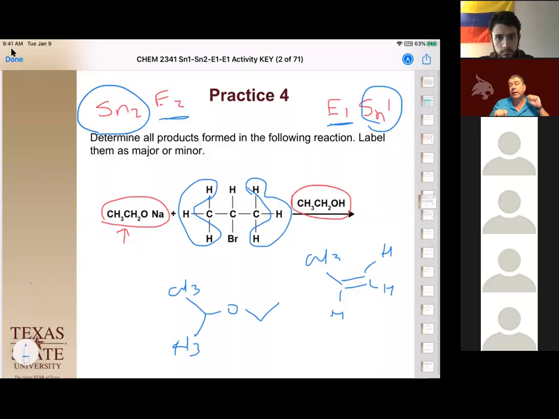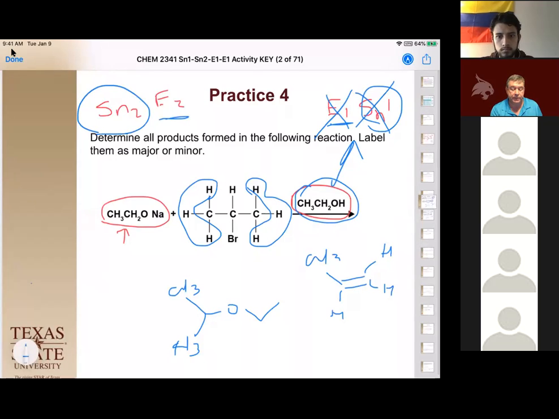Now, why are we going to eliminate E1 and SN1 as possible mechanisms? Okay, we only have E1 and SN1 as possible mechanisms in the absence of a good nucleophile. Okay, we have a polar protic solvent, which would help that happen, but we have a good nucleophile, which means neither one of these is going to happen, okay, because we have that good nucleophile.